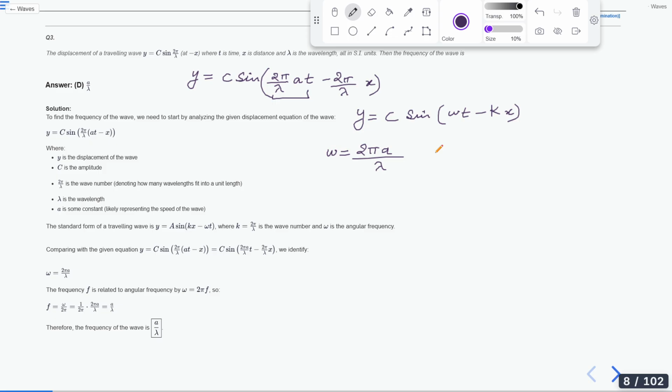Do you remember the relation between omega and nu? What is the relation between angular frequency and linear frequency? Yes, omega is 2 pi nu. So from here, what is nu? Nu is a by lambda. You can solve in that way also. The answer would be the same. Okay.